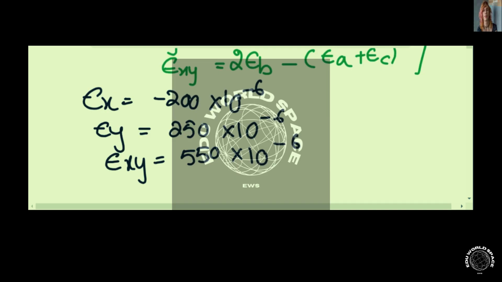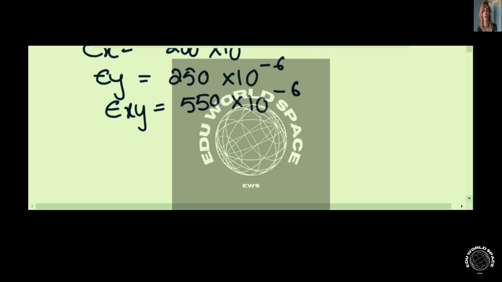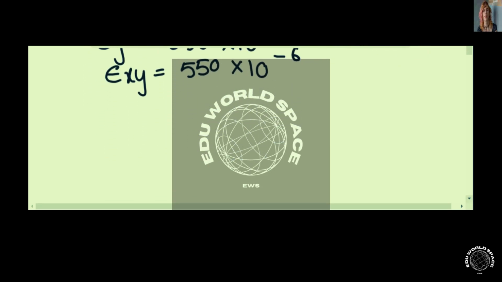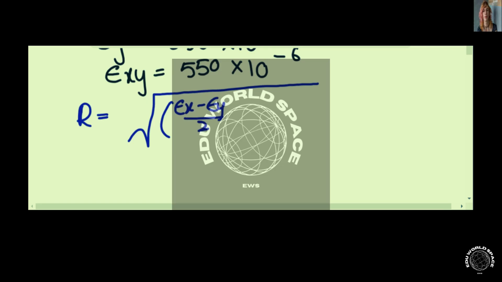Now from here we find what we need to build the Mohr's circle, right? So that is the radius of that circle. Now we have the expression for the radius: under root, the difference of the strains divided by 2 whole square plus the shear strain divided by 2 whole square, right?